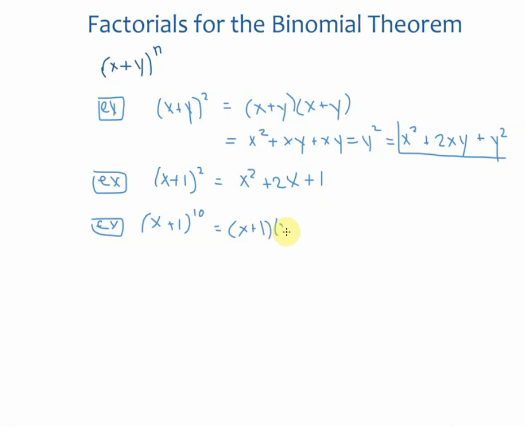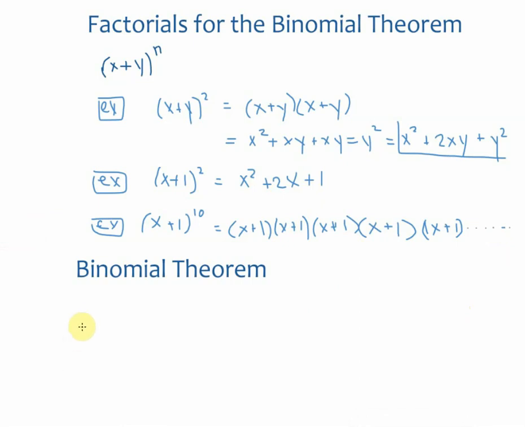Then you're going to take your answer and distribute and multiply every term from those two by every term in this one, and then take that answer and multiply every term in that one by x, and every term by 1, and you're going to have to multiply out 10 times. 1, 2, 3, 4, 5, yeah, that is so much work. It's a ton of work, and you need to understand that, so that when you get into doing binomial theorem, you'll appreciate that even though it's a little bit of work, it's a lot less than you would have to do.